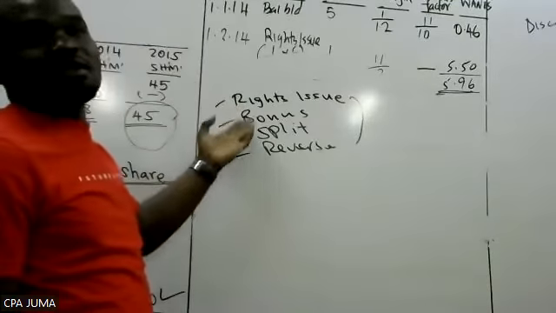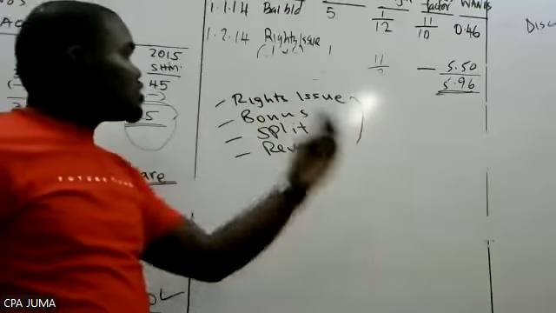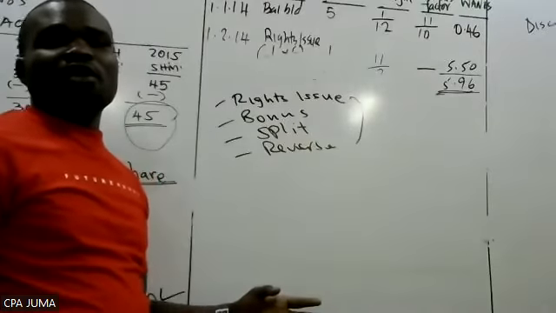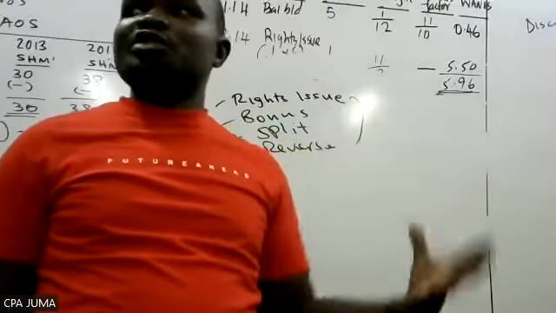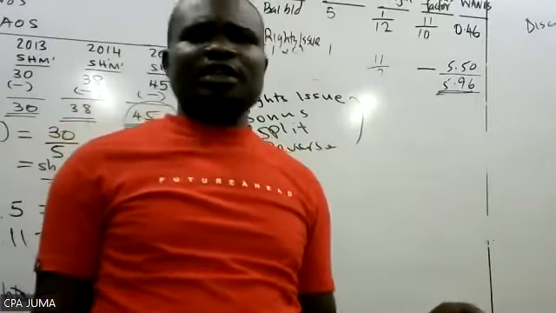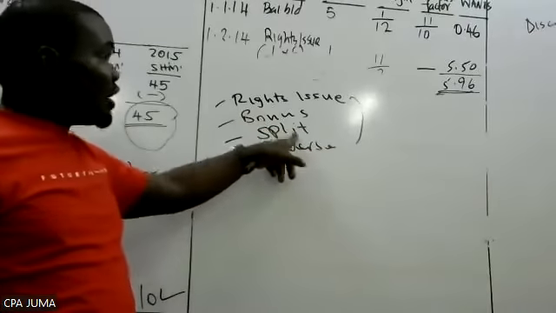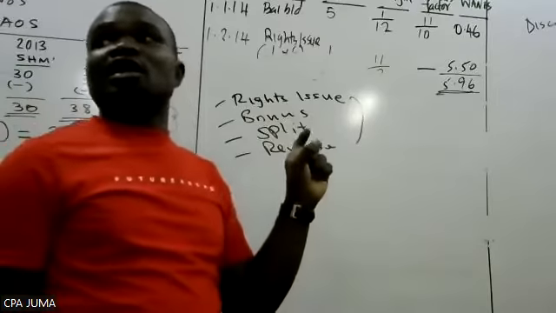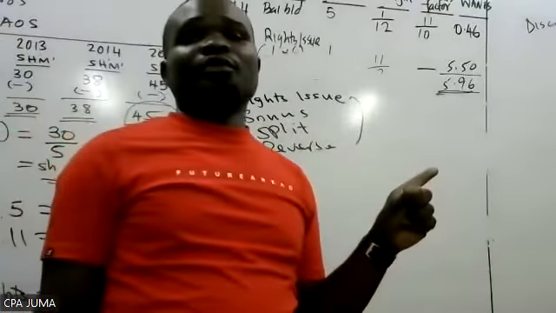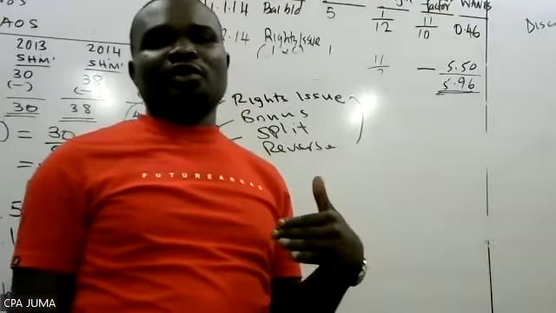Look at bonus, the serious one. Giving shares to the shareholders for free, no consideration at all. But you have to print the share certificates. You have to call these people to notify them, all those things. Another problem. Look at the share split. You are increasing the number of shares in issue by reducing the par value.